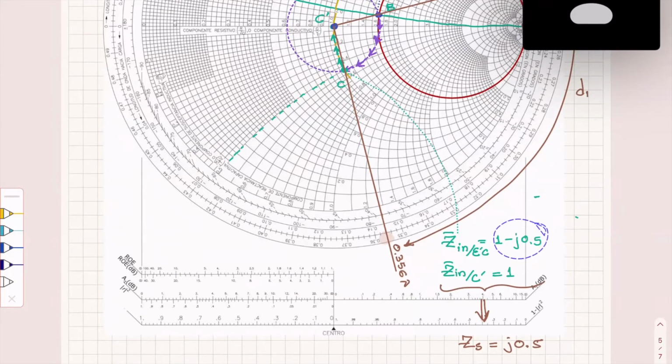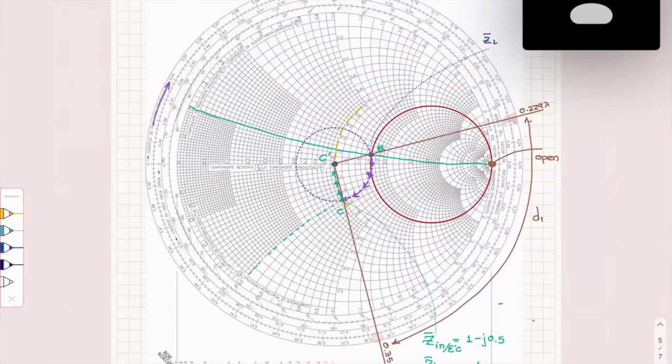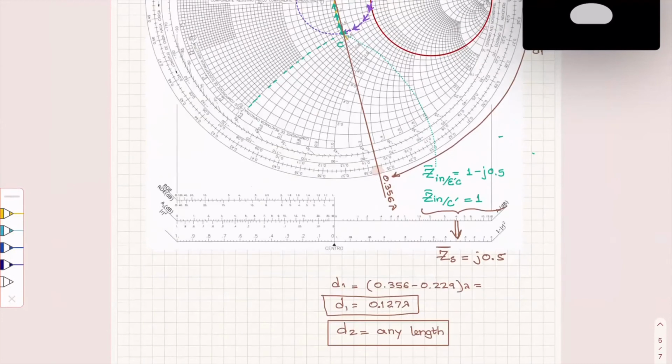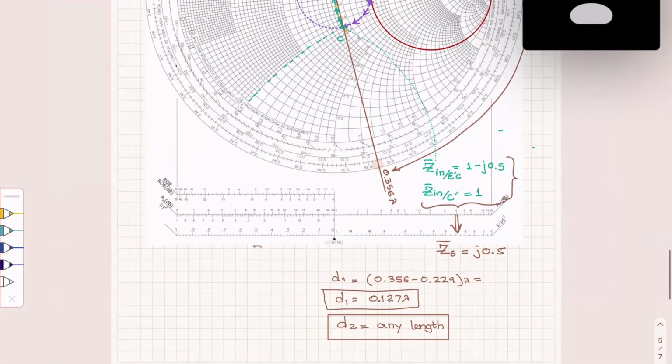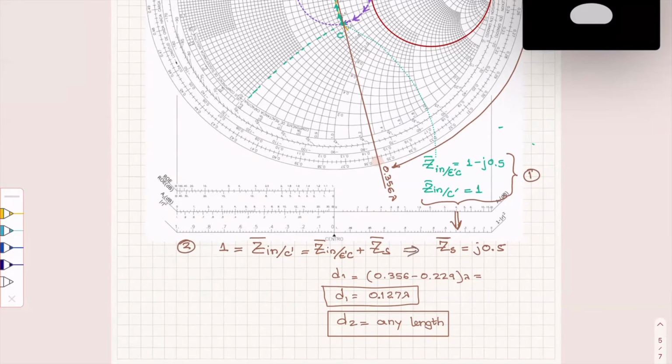That means if I add to this a stub, which is j0.5 normalized, then practically the sum of the two will be 1, which is what I want to get. All right, so practically I have that z input at C prime equals z input at E prime C plus z input of the stub, and that has to be 1. So from 1 and 2, we conclude 3.